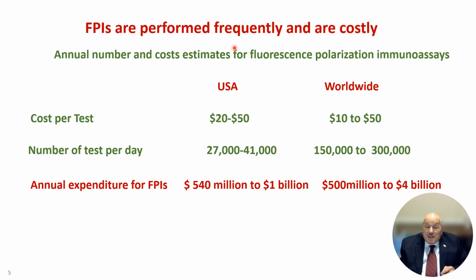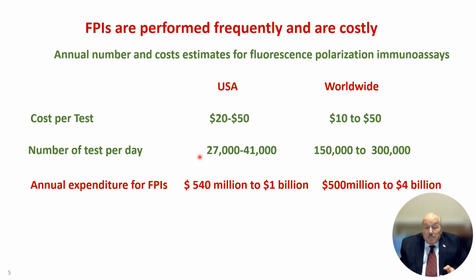Even more interesting is the amount of money that is spent on fluorescence polarization immunoassays. I can't swear by this 100%, but from what I can tell, the cost of development and the cost estimates for doing the assays were listed separately. So the cost per test in the USA is 20 to 50 bucks. Worldwide, they're not very different.